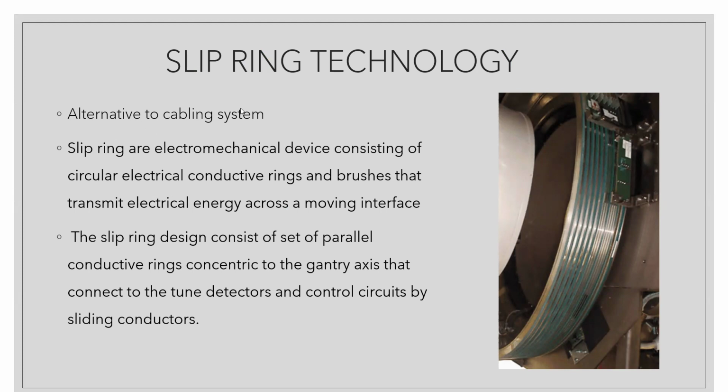As I said, it is an alternative to the cabling system. Slip rings are electromagnetic devices consisting of circular electrically conductive rings and brushes that transmit electrical energy across the moving interface. The slip ring design consists of parallel conductive rings concentric to the gantry axis that connect to the tube, the detectors and control circuits by sliding conductors.